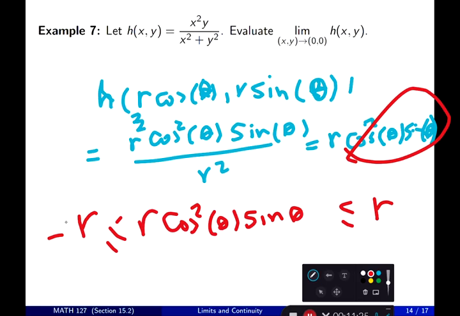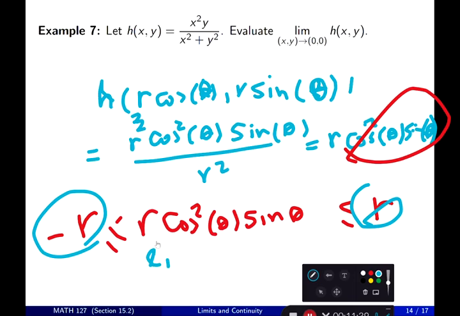Is that good news? Yes, it is, because according to the squeeze theorem, the limit of r is 0, the limit of -r is 0, and this one is squeezed between them, so this limit has to be 0.